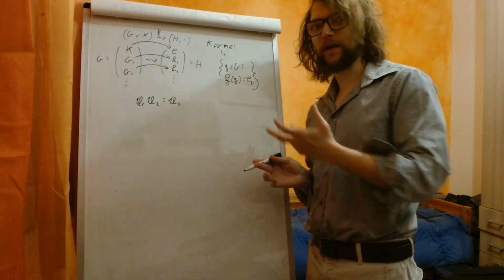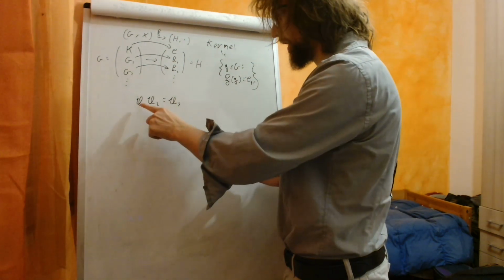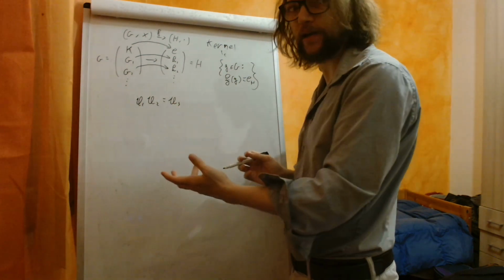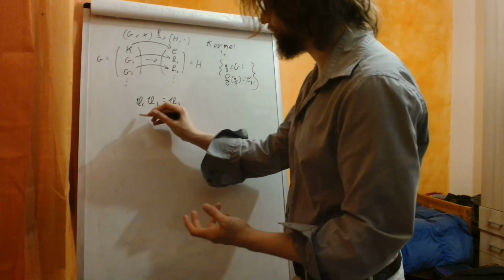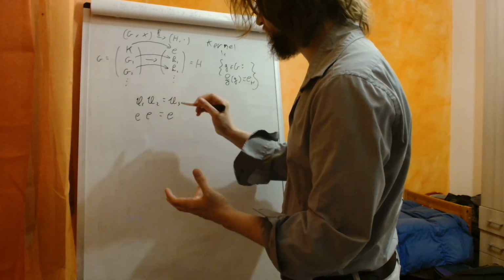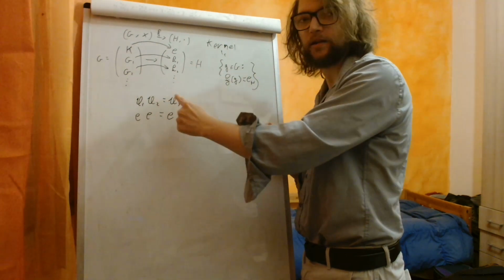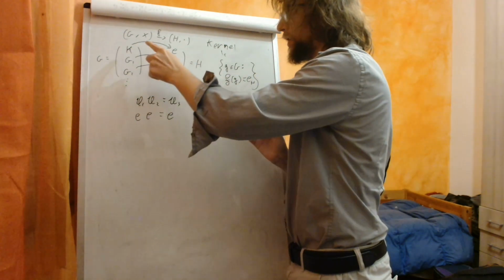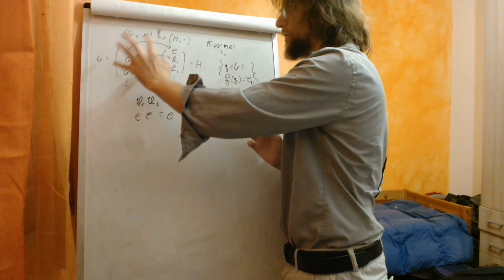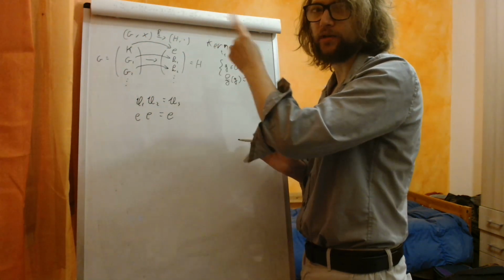This is the set we have seen in the example before. When you do operations in the kernel, K1, K2 equals K3, you have E times E equals E. But before we only had the kernel, because we were considering the homomorphism which sends everything to the identity.